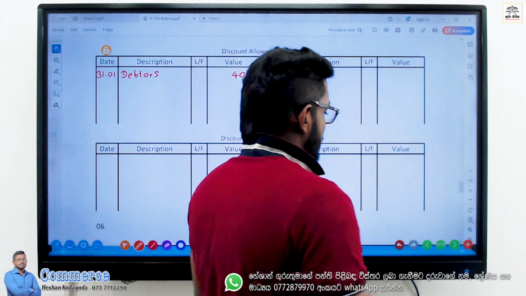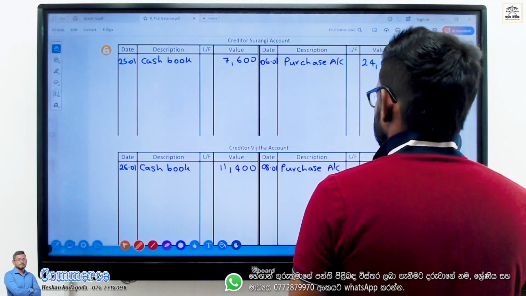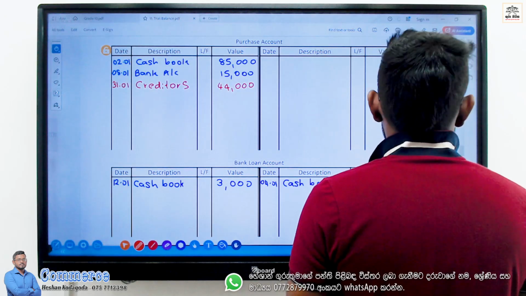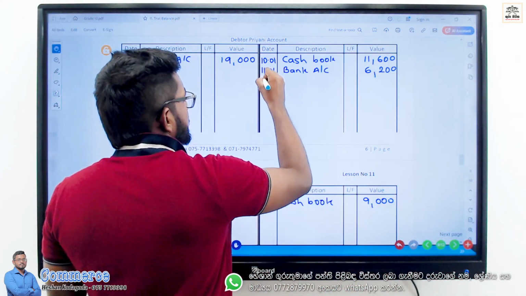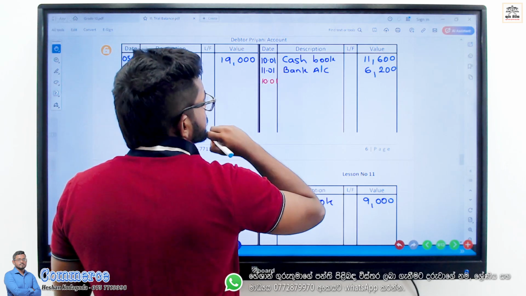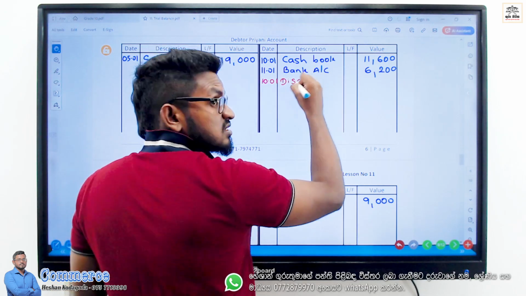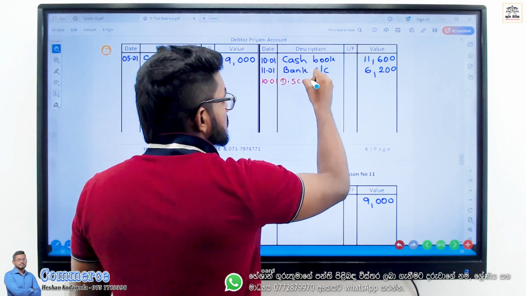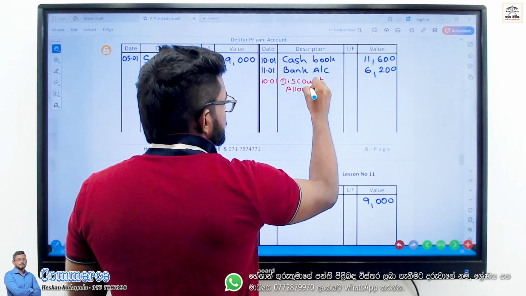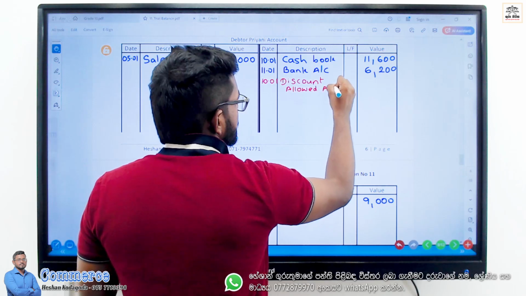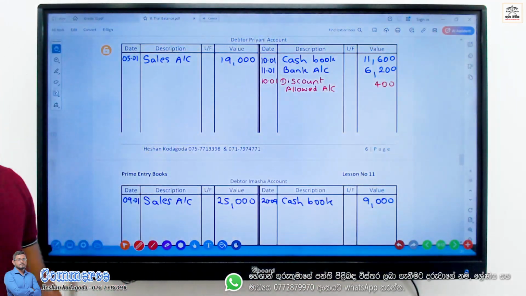Debtor Priyani account credit. Transaction date, 10th of January. Write it as discount allowed account. How much? 400. Okay, guys.